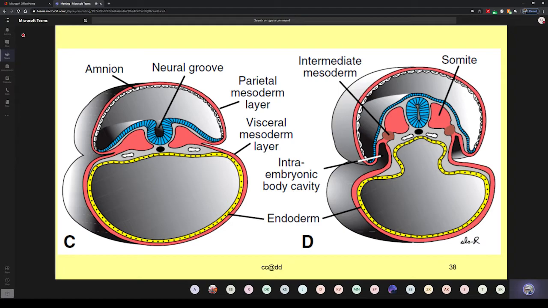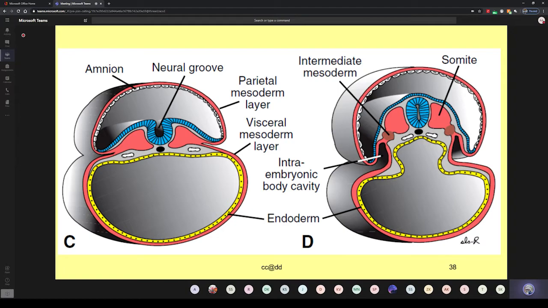We took the help of the notochord in the previous picture. Let's do the same thing here. Please look here, the central black color dot. It is not labeled as notochord in this picture, but it is very nice to orient ourselves to this picture with the help of the dot.